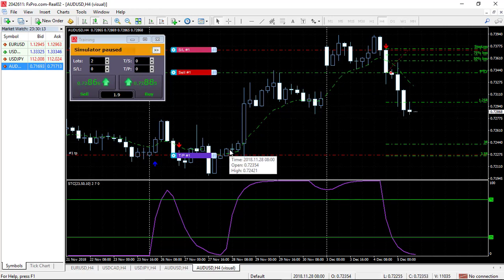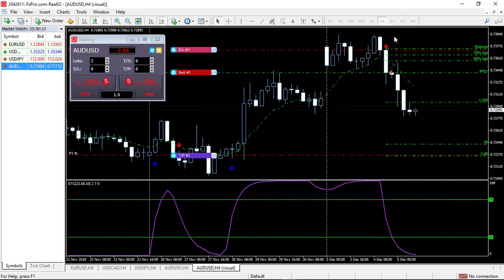Now there's a cycle here, and we had to wait for days before we got a signal here, and now we are in this position. We're going to wait for days for it to work out. Now this is 4 hours, so this took 4 hours to form, another 4 hours, another 4 hours.